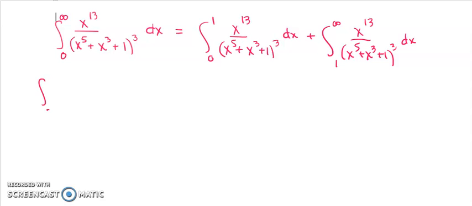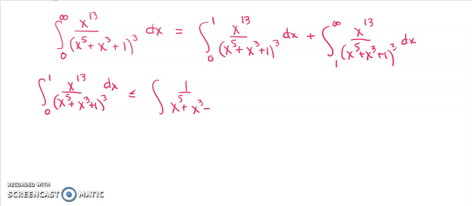The integral from 0 to 1 of x to the 13th over (x to the 5th plus x cubed plus 1) cubed dx is less than or equal to the integral of 1 over (x to the 5th plus x cubed plus 1) cubed dx, because x is always less than 1.